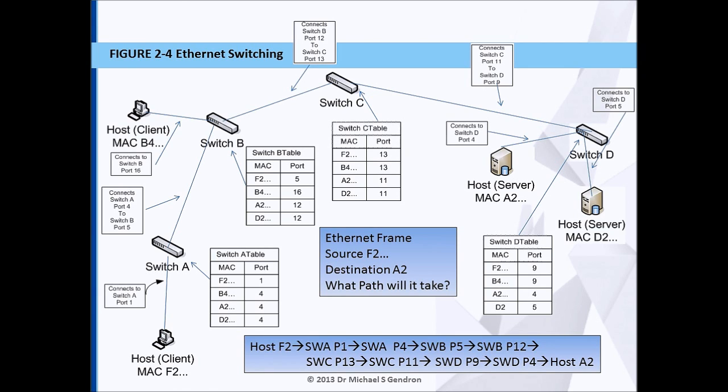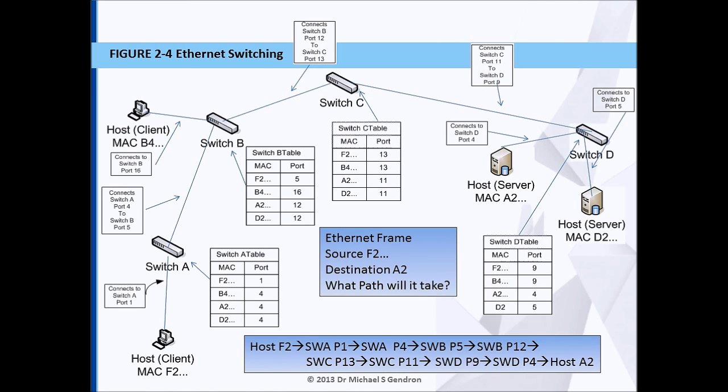It will go into switch C, port 13. Switch C will make a decision and send that frame out port 11. It will go in switch D, port 9. Switch D will make a decision saying, yes, I know that A2 connects out port 4.